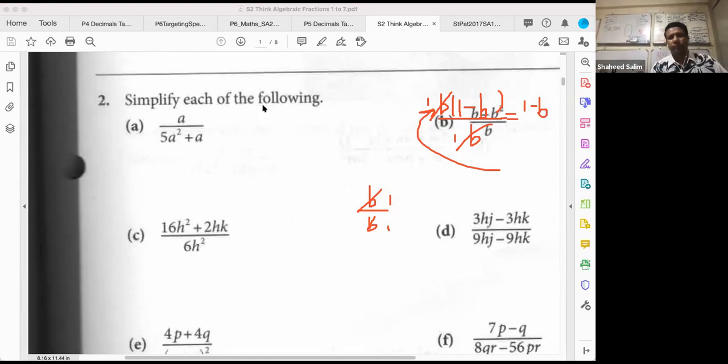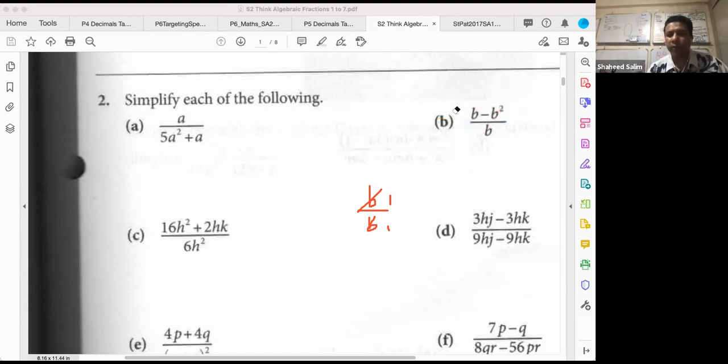Okay, we have a few answers. Shafi'i, 8k over 3. I don't know whether you get 8k over 3.